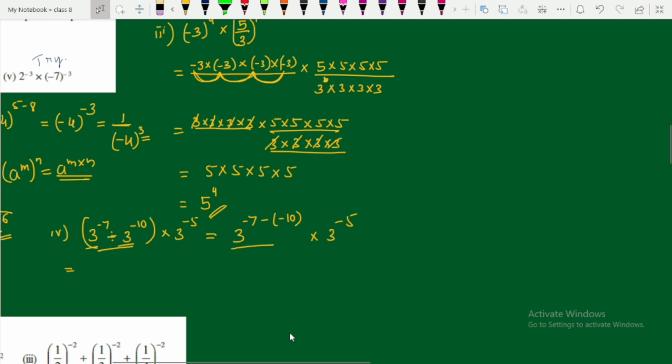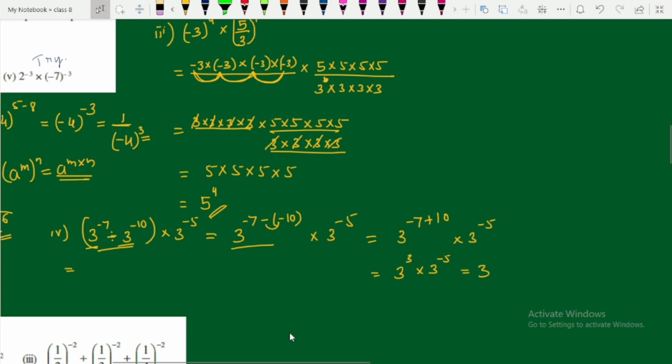Now this bracket we solve, it comes this way. So now it is equal to 3 raised to minus 7, this is minus into minus, plus 10, into 3 raised to minus 5. So now the answer is 3 raised to minus 7 plus 10, that is 3 raised to 3 into 3 raised to minus 5. Now a raised to m into a raised to n is a raised to m plus n.